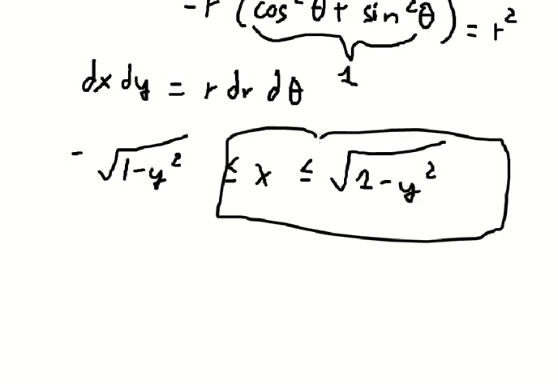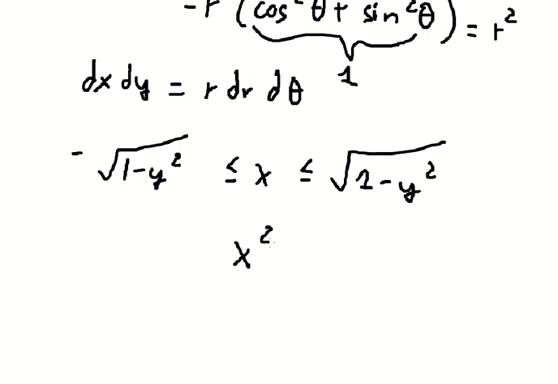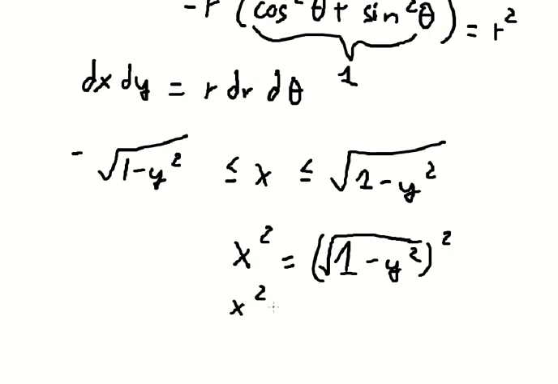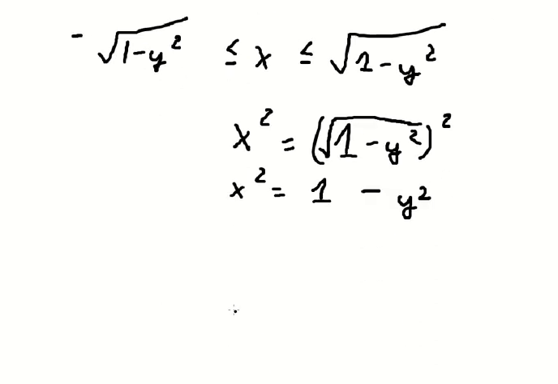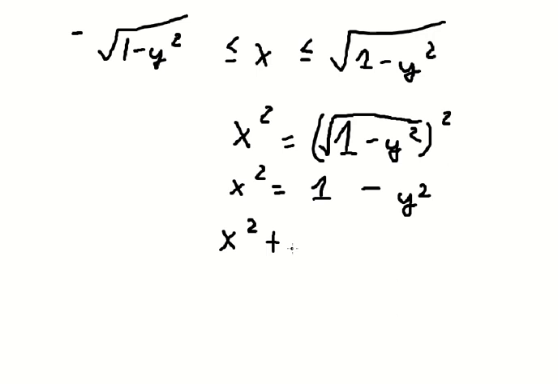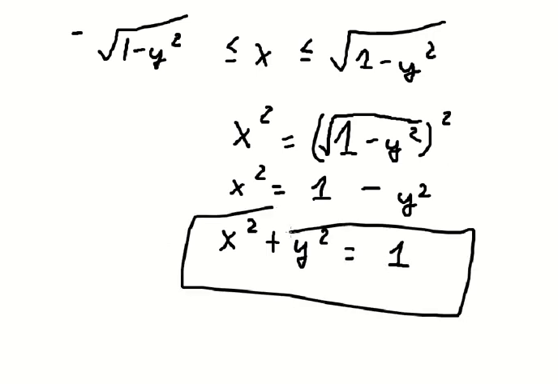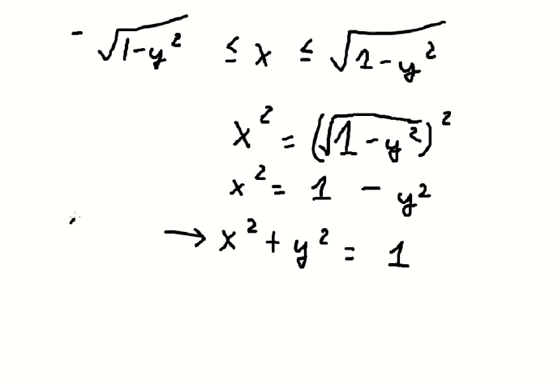Now we need to consider this one first. We put the power number 2 for both sides. And we have x squared equals number 1 minus y squared. So I will put this one go to the left. And we know that this one is the circle.